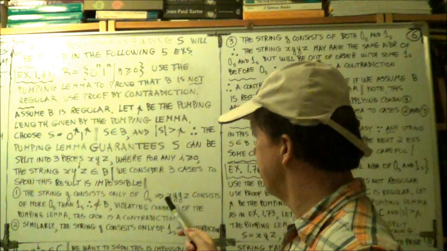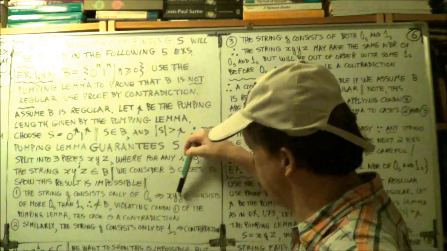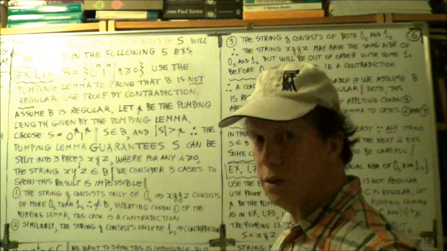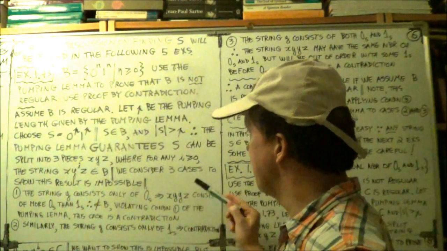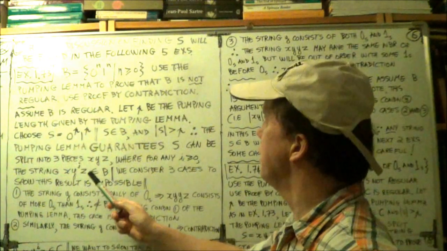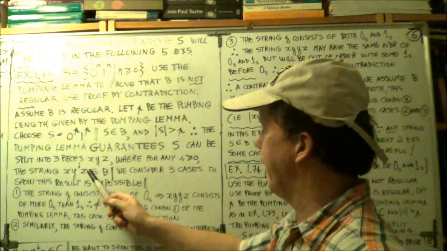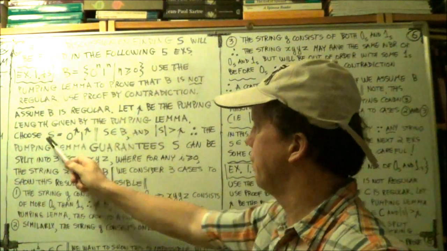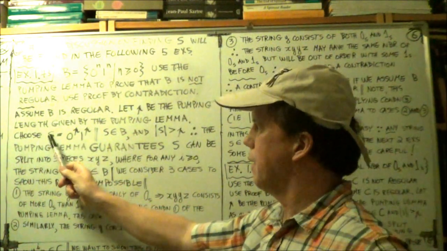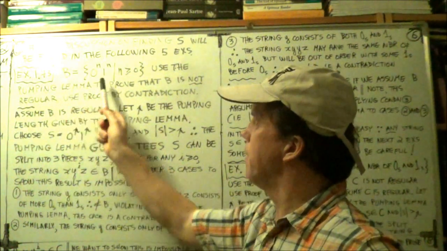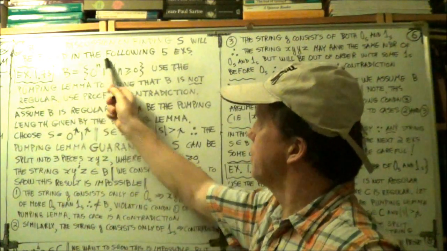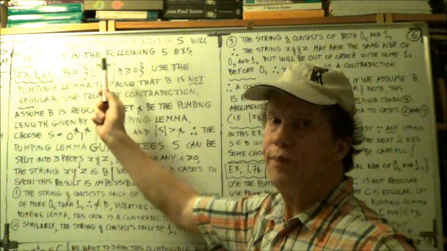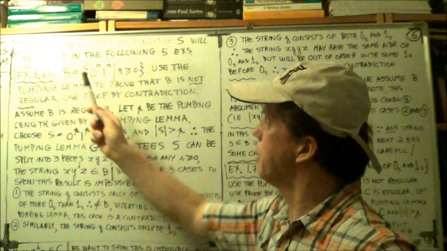Well, before you pumped it, before you put an extra y in the string, it was just xyz, and xyz was your s. That was one of your strings, and that string belongs to B, and therefore your xyz must be of this form, because it belongs to this language.